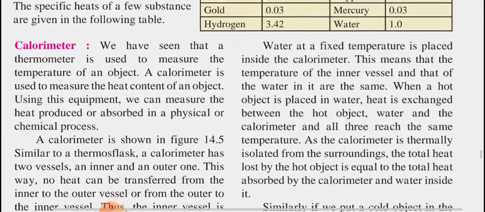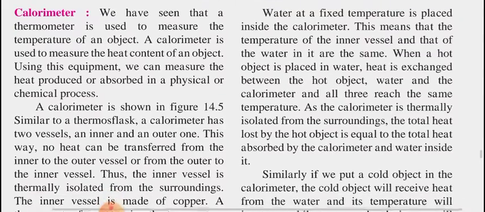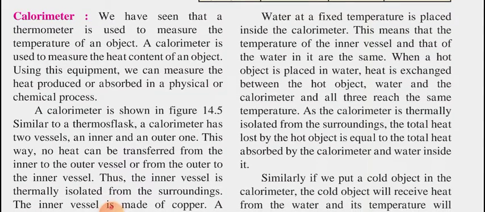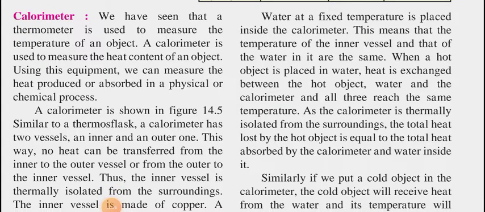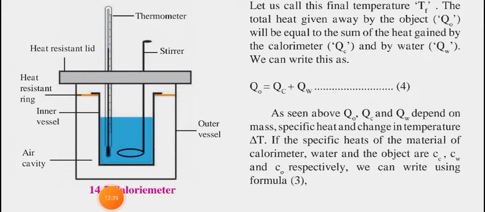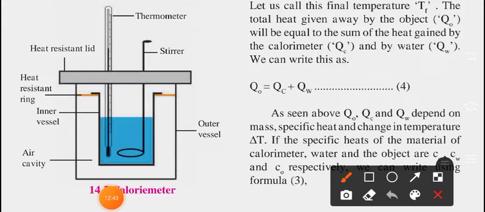Now we will go ahead with another very interesting topic, which is the calorimeter. Here you can observe a calorimeter. This is the construction of the calorimeter. One outer vessel is there, and a lid on it.